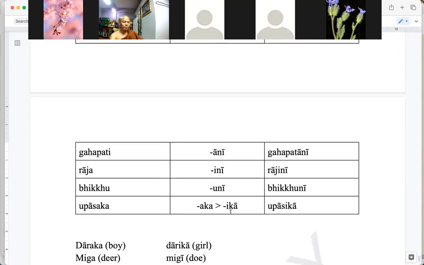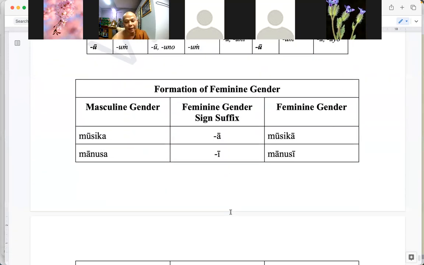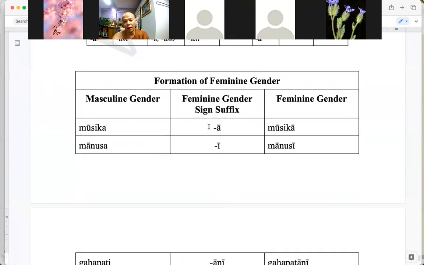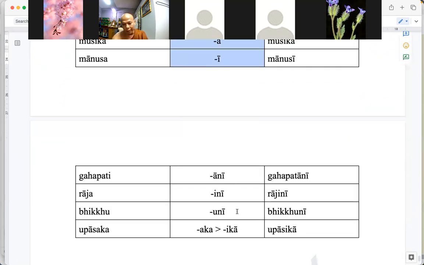So how can we know which masculine noun will be changed with what ending in feminine? So for that, not so fixed we have. But R and E are very common. R and E are very common. The others, ani, ini, uni, are not so many.